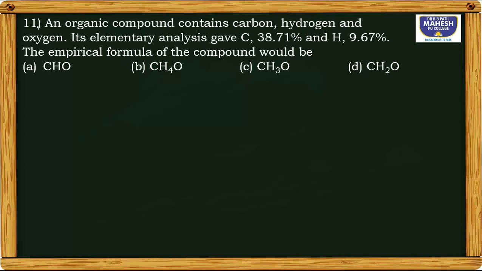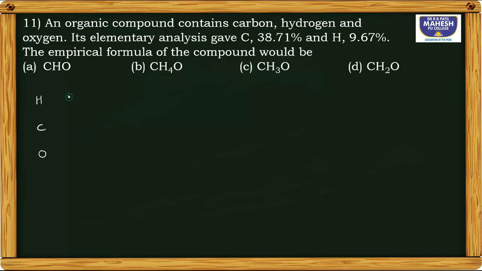Question number 11. An organic compound contains carbon, hydrogen and oxygen respectively. The concentrations of carbon and hydrogen are given. Let me write that first. So we have hydrogen, carbon and oxygen.